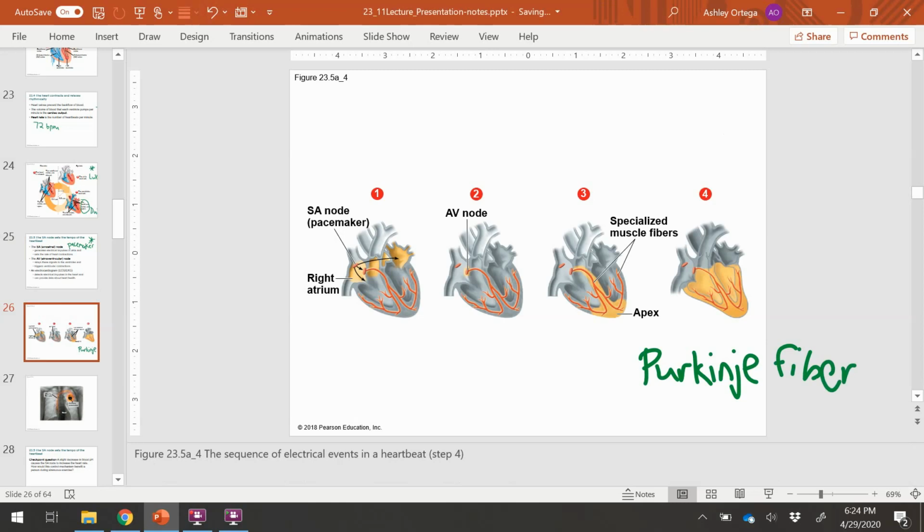Purkinje fibers will contract the ventricles. And so in an EKG, there is a distinct electrical signal that can be read and interpreted.